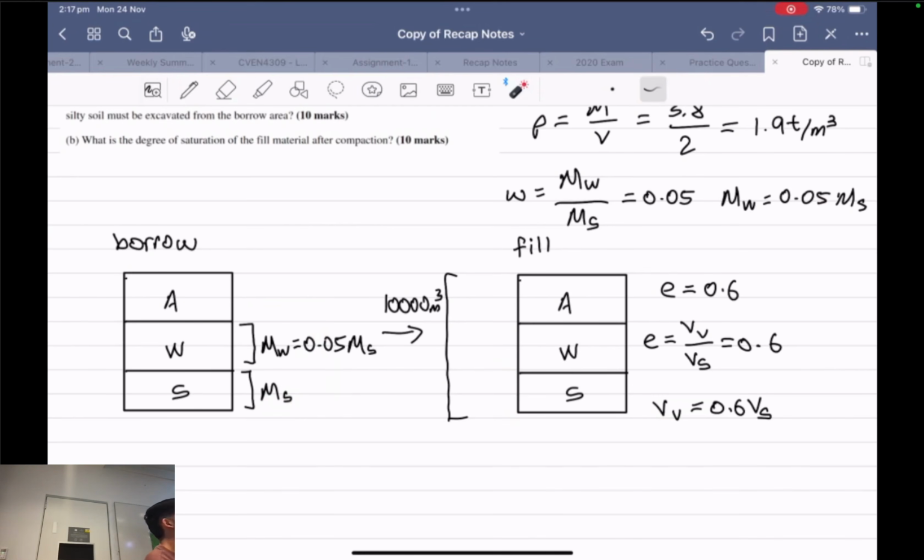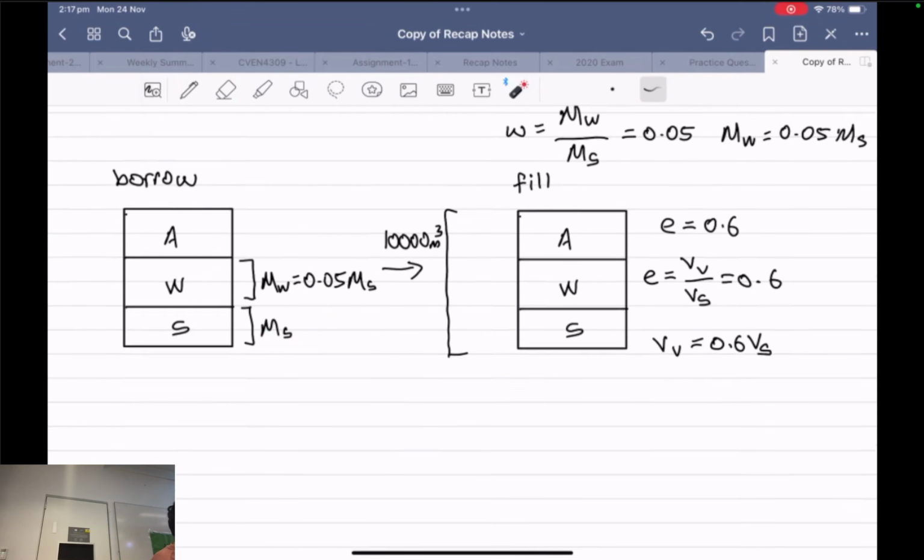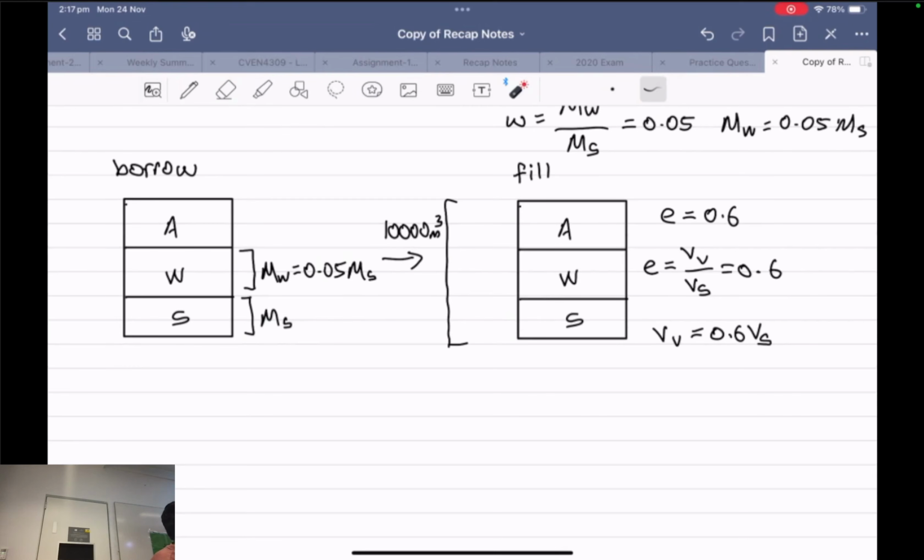If you were to take some soil from an untouched soil place and then you compact it, or you add water and you compact it, the mass of solid remains the same the entire time. So we can find the mass of solid from the compacted fill, and then we can work backwards to find the rest of the masses and the volumes from the borrow.